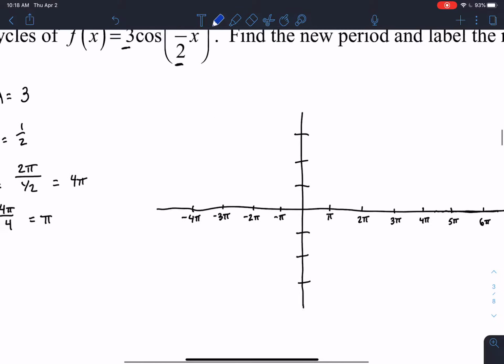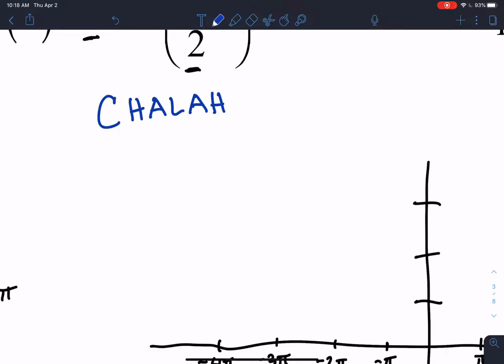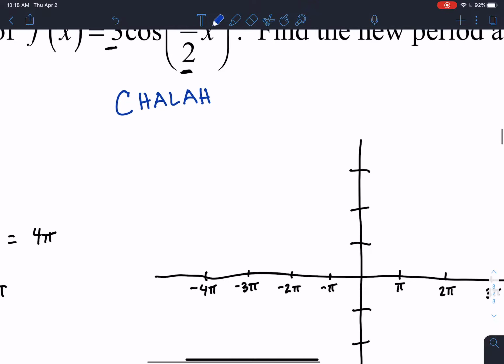All right, now we're doing cosine now. Okay, so cosine, the acronym for cosine is Chahala. Or Chala, sorry. Getting my acronyms mixed up. So this tells me that I need to start at my high point and then go to my axis and then my low point, axis, and then back up to my high point. Okay.